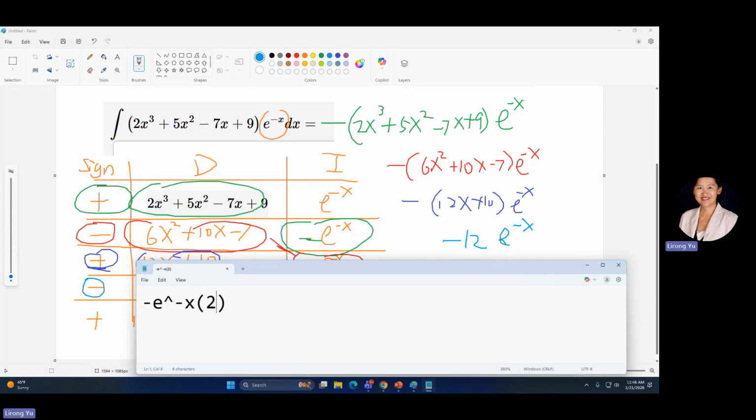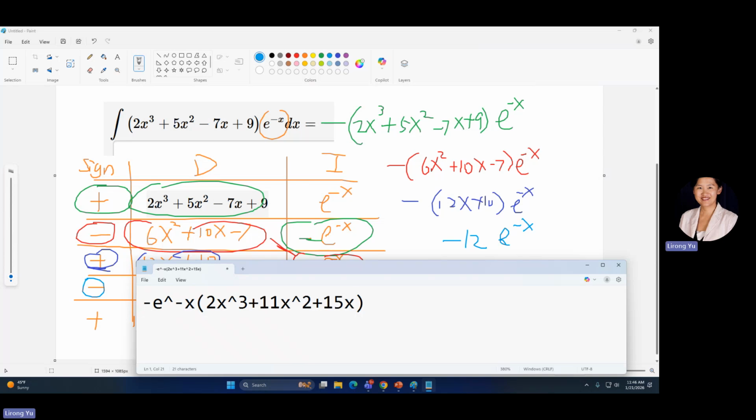So we have 2x to the power 3. Then degree 2: 6x squared and 5x squared. There's only two degree 2 terms, added together that's 11x squared. Then degree 1: negative 7x and 12x and 10x, so 22 minus 7, 15x.